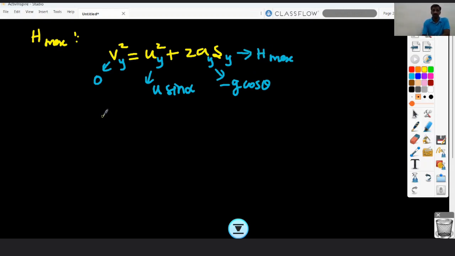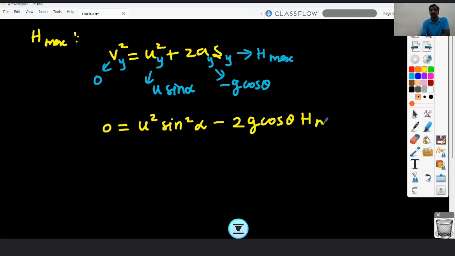Substituting everything, we get u square sin square alpha, because uy square is there, then since minus is there, we get 2g cos theta into h maximum. Rearranging, h maximum equals u square sin square alpha by 2g cos theta.